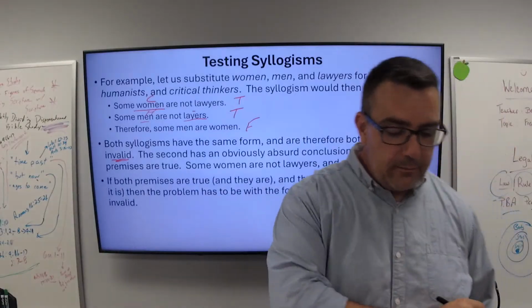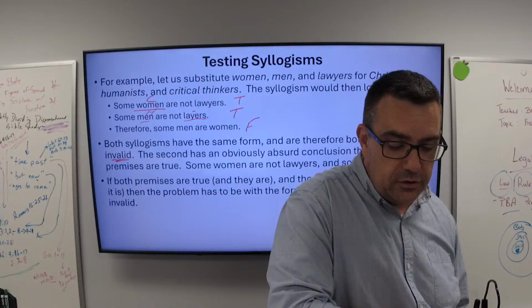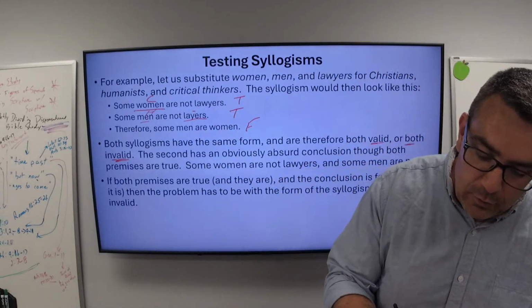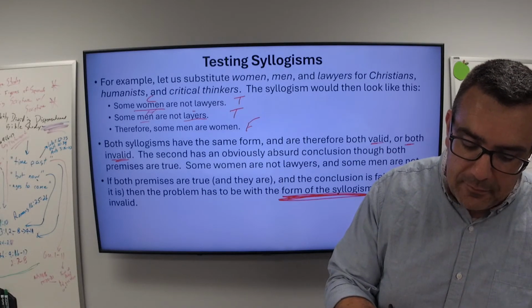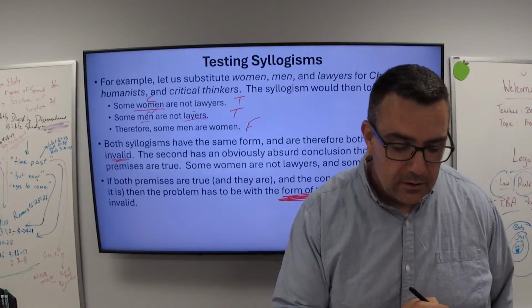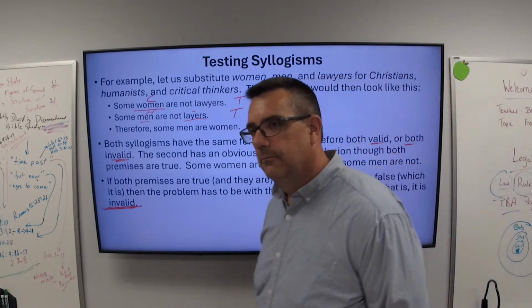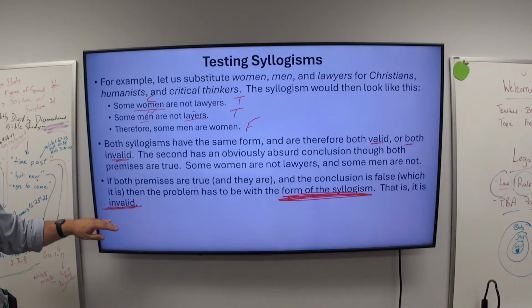Now, if both premises are true, and they are, and the conclusion is false, which it is, then the problem has to be with the form of the syllogism. That is, this form of argument is not valid, it's invalid.